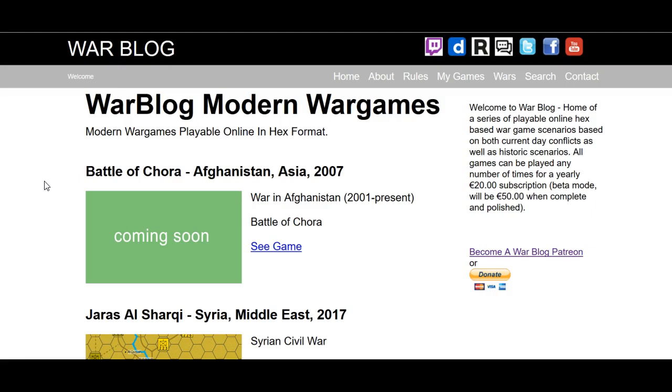Now, it has been a bit of a default process. In fact, it wasn't necessarily an actual choice. But for example, the time scale and the physical scale are abstract. I can have one game where units are moving three movement points because they're infantry along a road, and they move 3 hexes. Well, if you look at it physically on a map, the distance they might have covered in one scenario might be 2 miles.